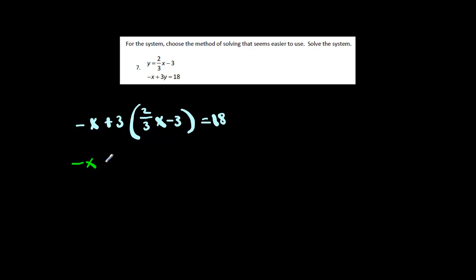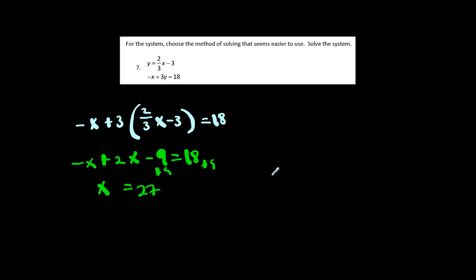So negative x plus 3 times 2/3 is 2, so 2x. 3 times negative 3 is negative 9. Negative x plus 2x is x. I'm going to add 9 to both sides. So x is 27.